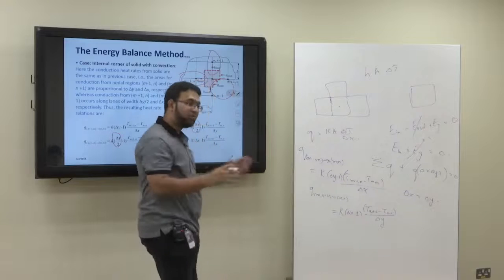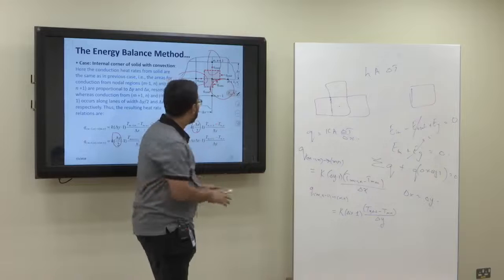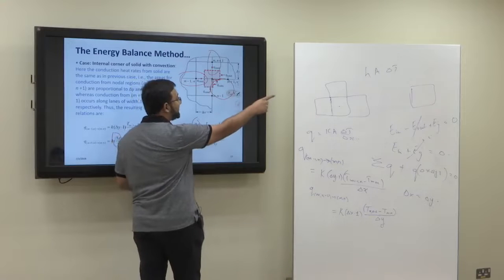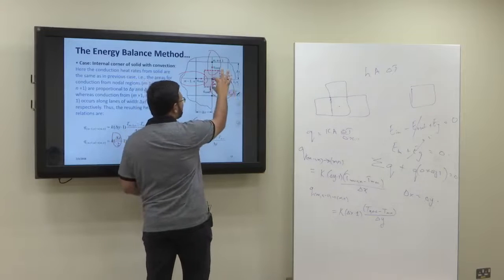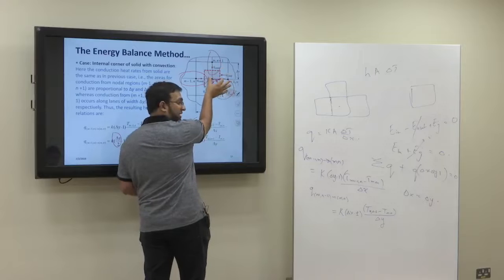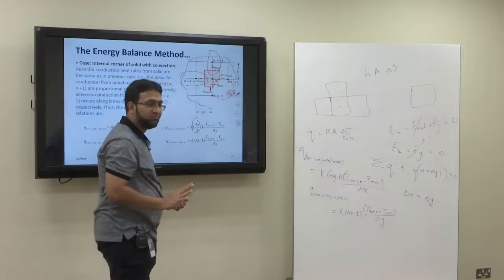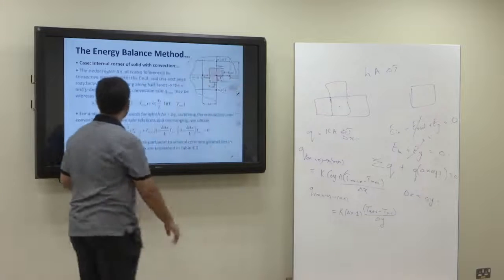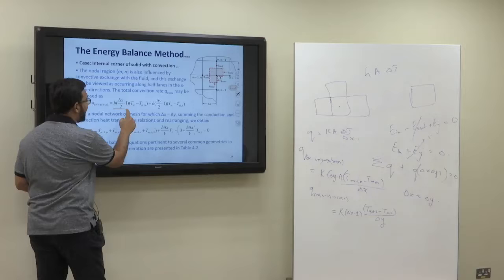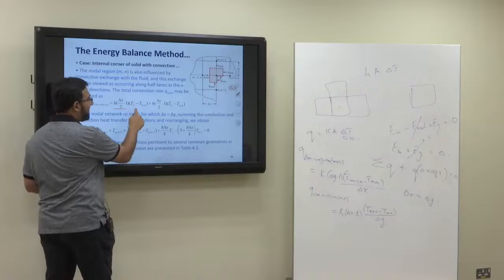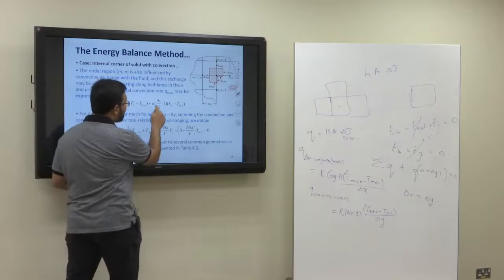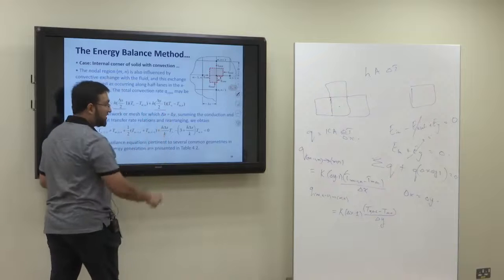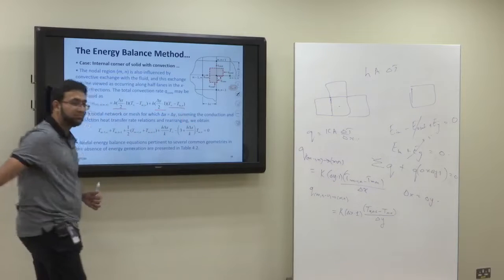So it's both directions h A delta T. But in one direction, A will be delta x by 2, the other A will be delta y by 2. Is it clear? So if you see here, convection: h delta x by 2, (T infinity minus T m,n). h delta y by 2, (T infinity minus T m,n).